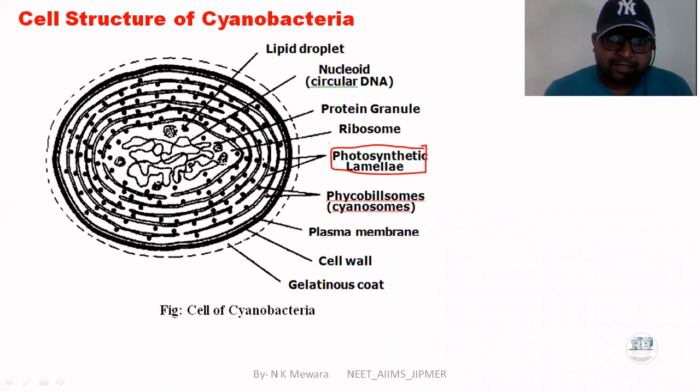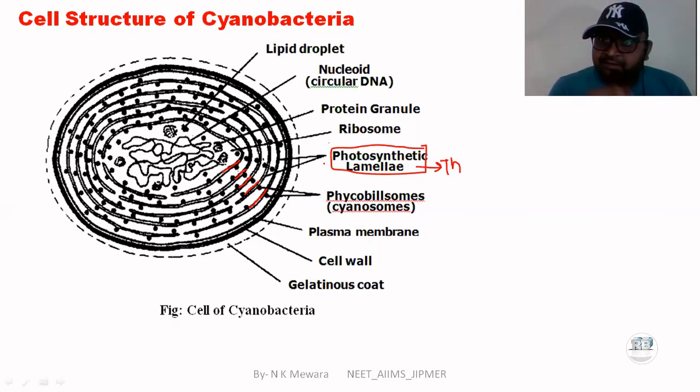The photosynthetic lamellae are surrounding the nuclear material. These photosynthetic lamellae are made up of thylakoids.